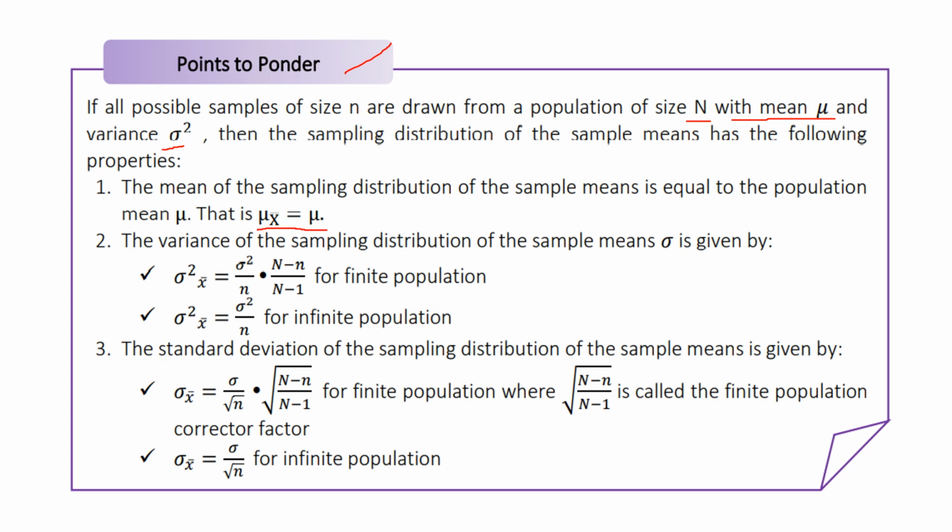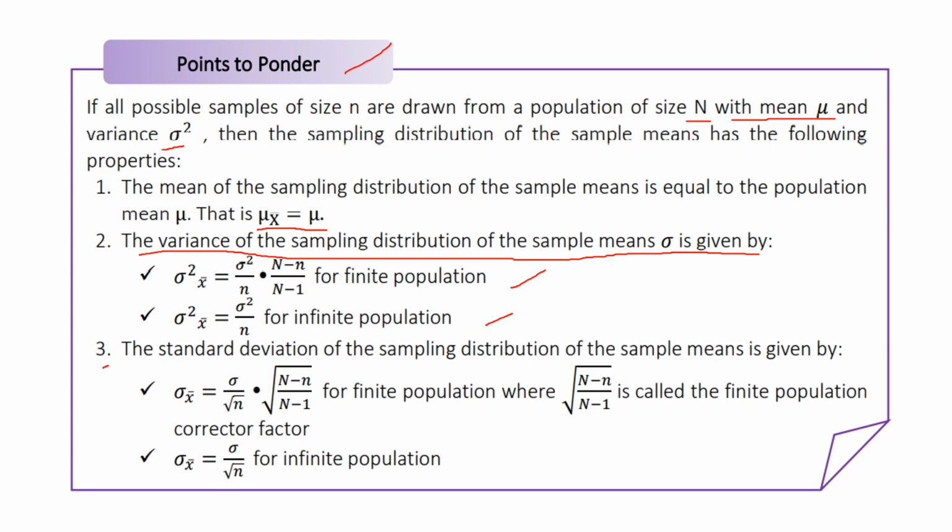Now, for number 2, the variance of the sampling distribution of the sample means is given by a formula, here for the infinite population. And for number 3, there is a given formula for the standard deviation of the sampling distribution of the sample means.